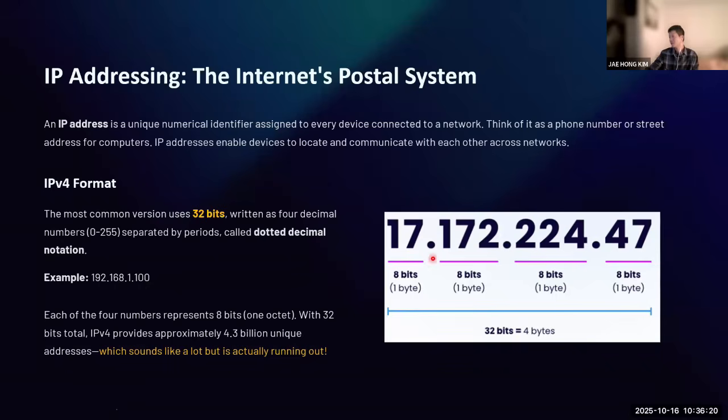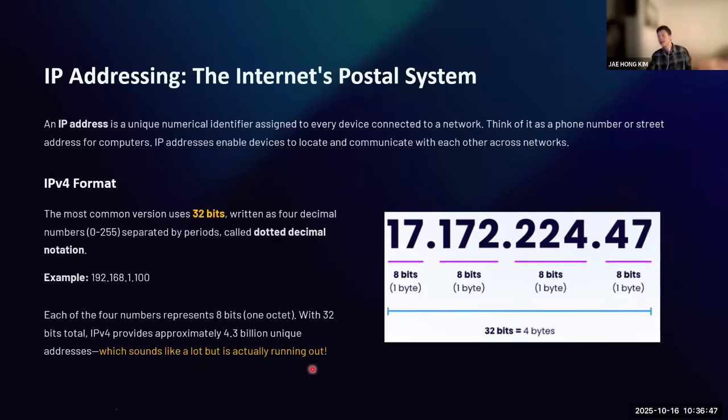No number is more than 255. And the right-hand side describes more. This is 32 bits, so it is 4 bytes, and each byte has 8 bits. So here, one number dot 172 dot 224 dot 47. This is the IP address format of version 4.